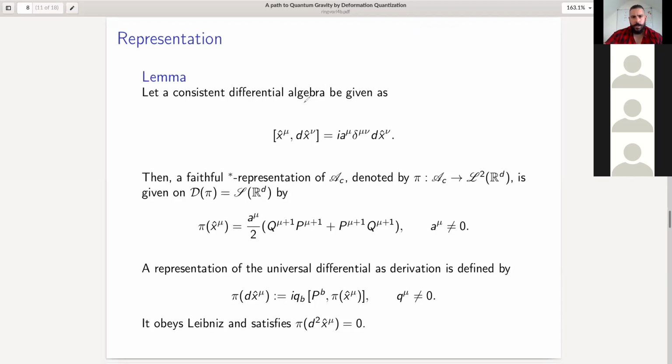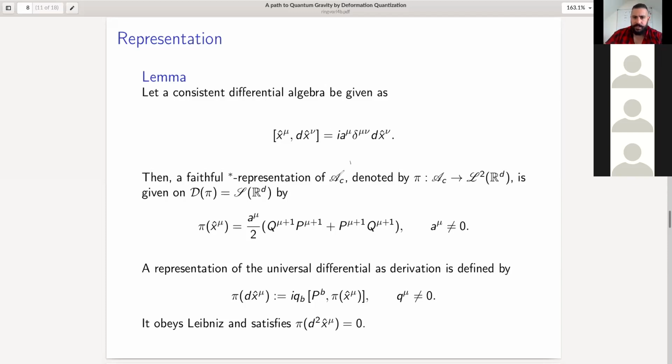So in order for this algebra to be a consistent differential algebra, I make a choice: the choice of C^{mu nu} to be A^nu delta^{mu nu} x^nu, where there is no sum over mu and nu, by the way. That's why I wrote them in this upstairs case.